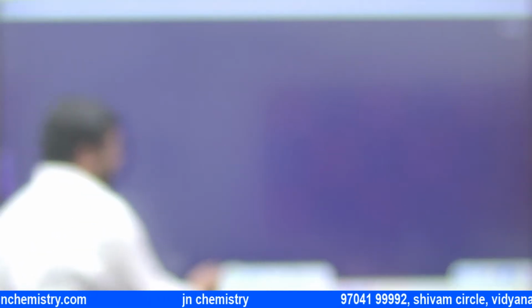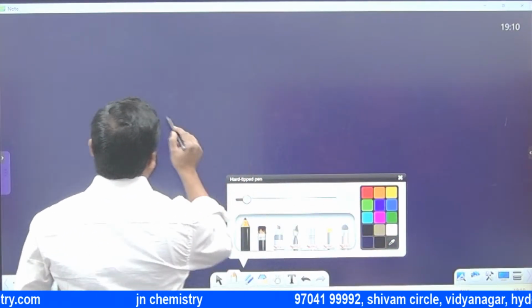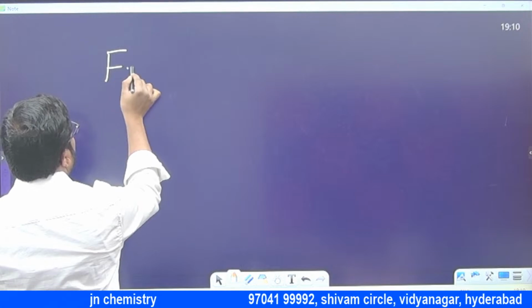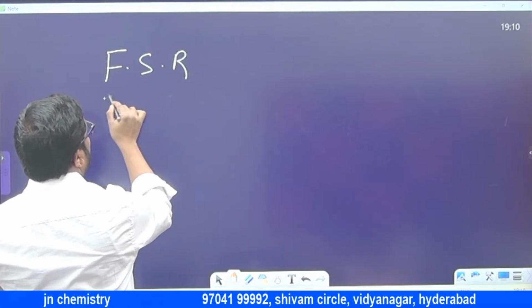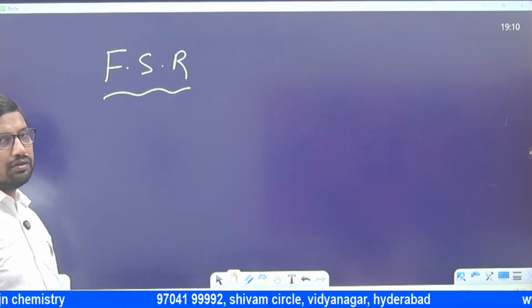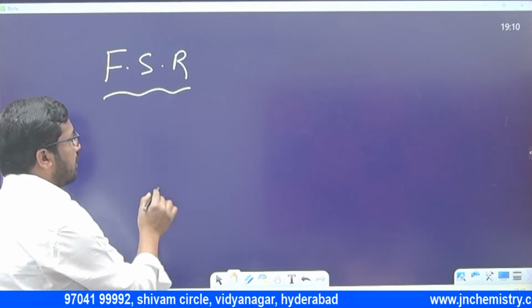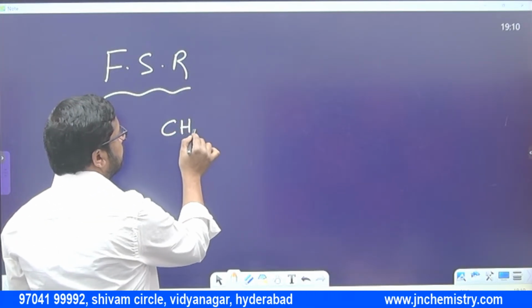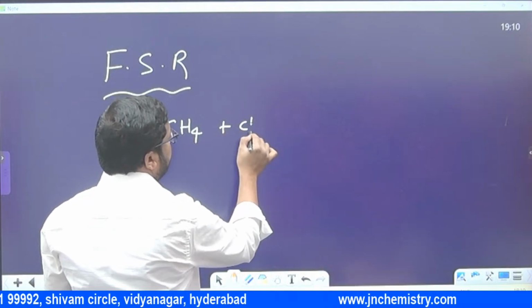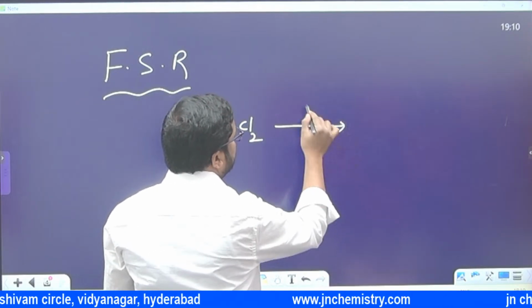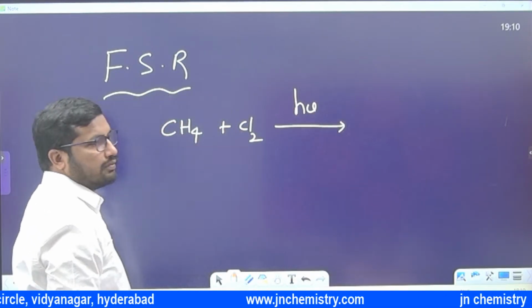Next, put the heading free radical substitution reaction. Free radical substitution reaction takes place in where? Alkanes. Write it down. Alkanes in presence of sunlight, h nu.